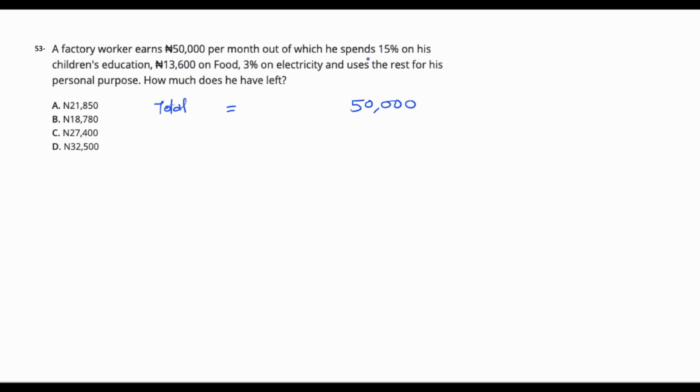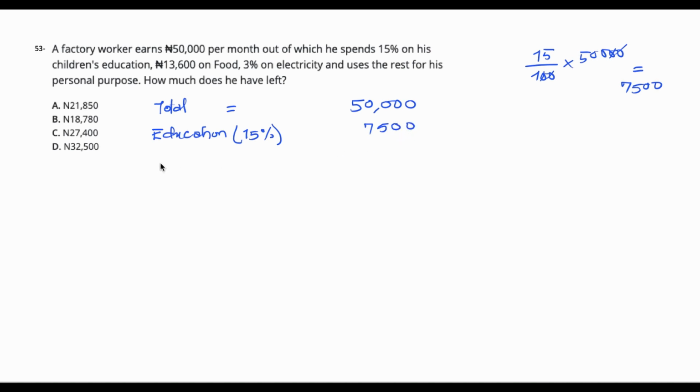Now we're told that he spends 15% on his children's education. So for education, he spends 15% of his entire salary, which is 15 over 100 times 50,000. And this will result in 15 times 500, which is 7,500. So he spends 7,500 on education.